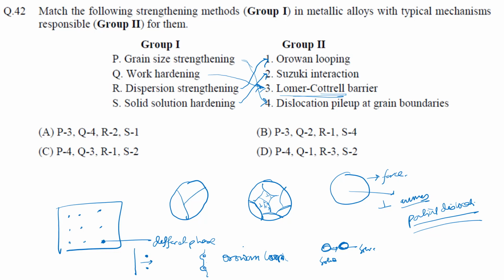There are many interactions, like elastic interaction, anelastic interaction, and one is the Suzuki interaction. So it comes from the solid solution. Okay, so see the option. P will match with 4, Q will match with 3, R matches with 1, S matches with 2. So see. Now next question.